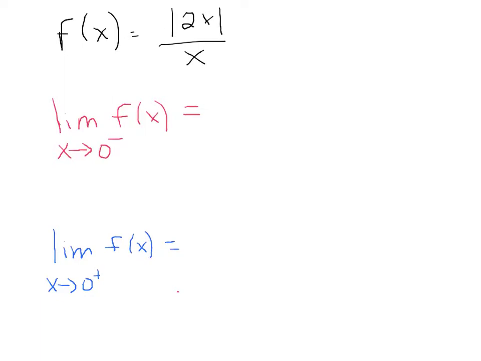that means we're only looking at putting in negative values. So if we were to look at the graph of the function absolute value of 2x divided by x, what we would see would be something along these lines.